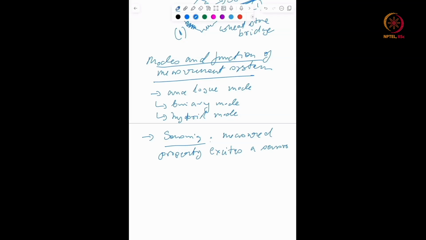And the output depends on the magnitude of that property. So this gives rise to an output which is proportional, or which may not be linearly proportional. So let's put the term: depends on the magnitude of the input of this property basically.